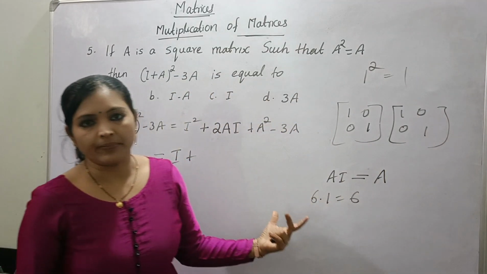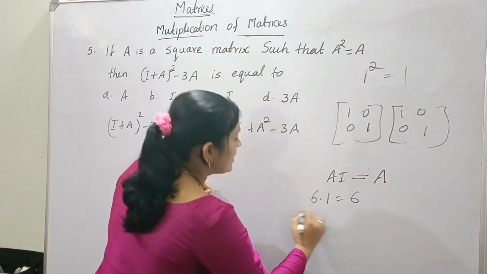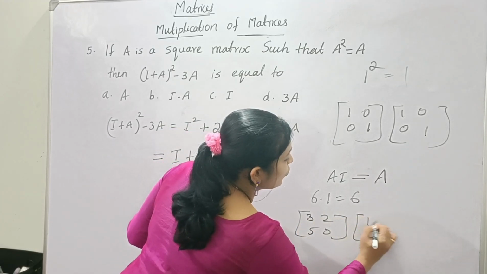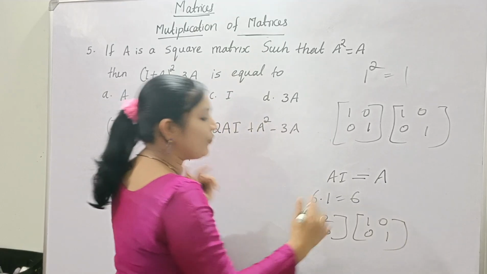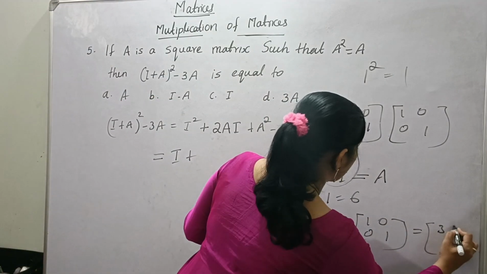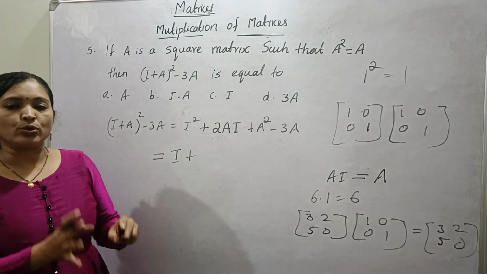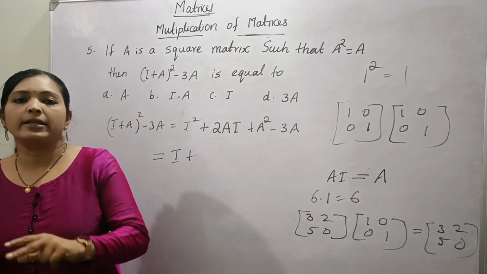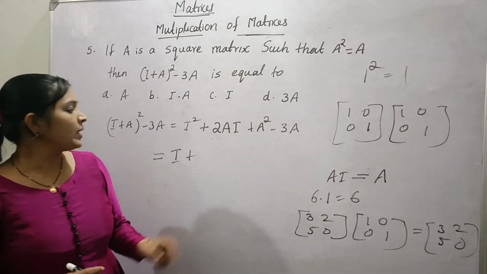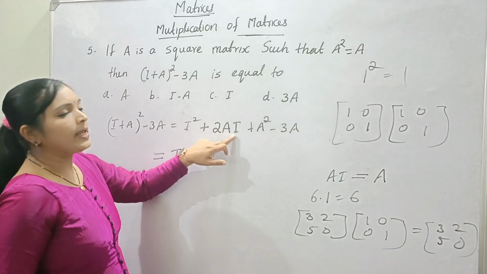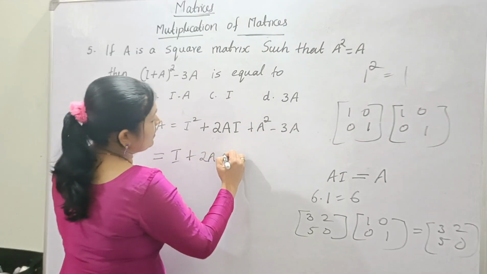That also you can check. Take one matrix, 3 2 5 0, into 1 0 0 1. You will get the same matrix 3 2 5 0. So remember, any matrix A into I is equal to A itself. So here 2 into A, AI is equal to A.